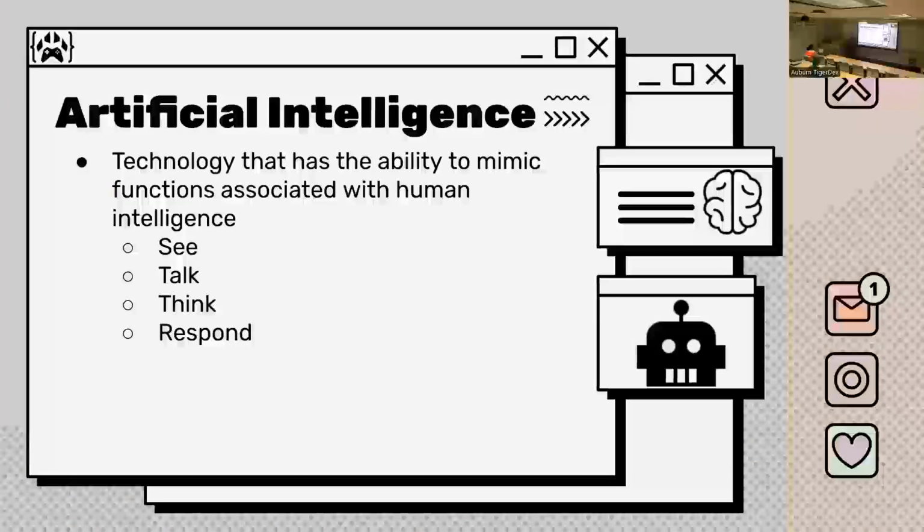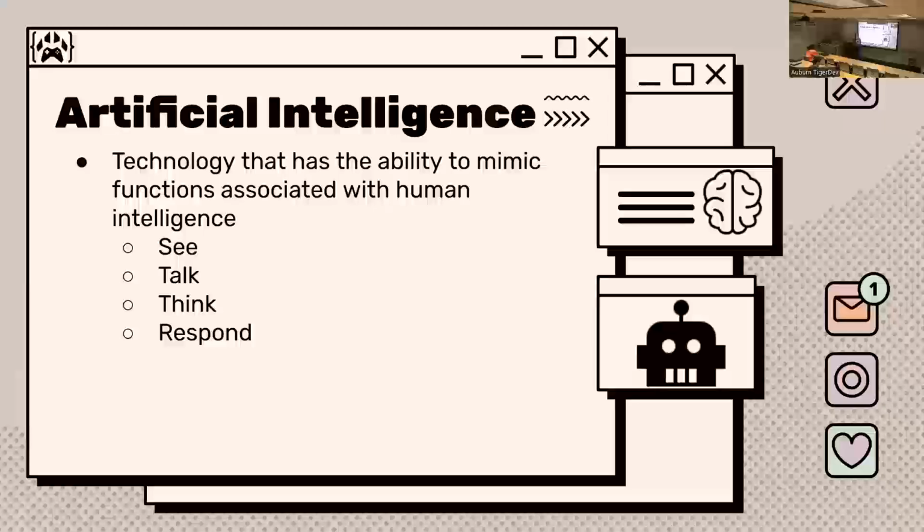Okay. So first we have to discuss the differences between artificial intelligence and machine learning on a definition. Artificial intelligence is an umbrella term and machine learning is underneath it. So artificial intelligence is any technology that has the ability to mimic functions associated with human intelligence, like to see, to talk, to think, or to respond.